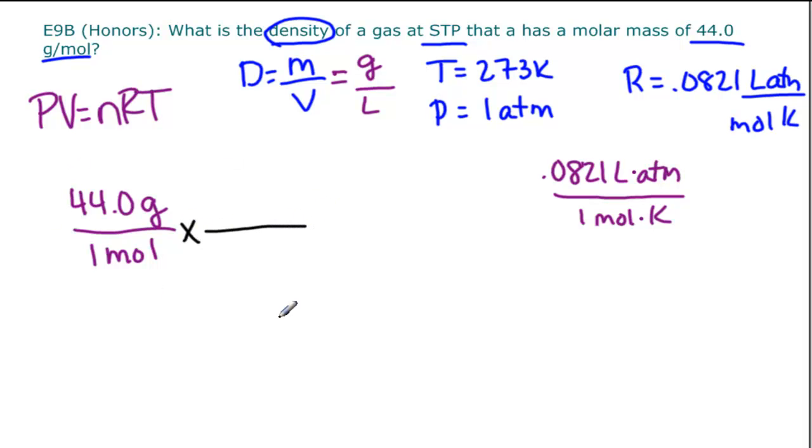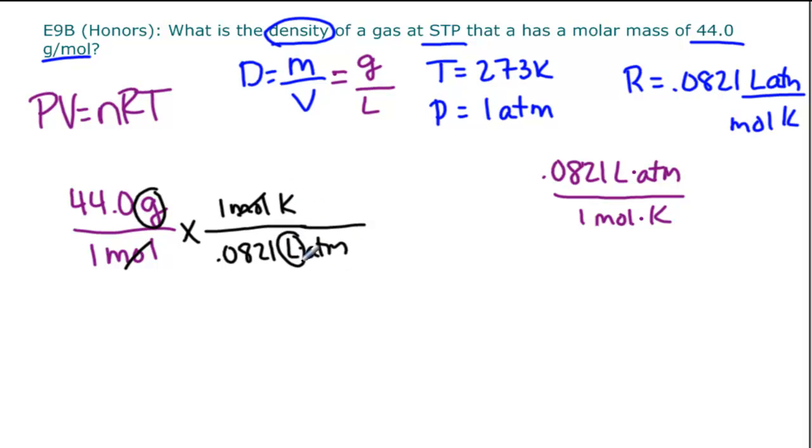Now I'm going to make a giant fraction. If I put 1 mole Kelvin on the top of my fraction and 0.0821 liter atm on the bottom, then my moles here will cancel. Now I have grams on the top, I have liters on the bottom.